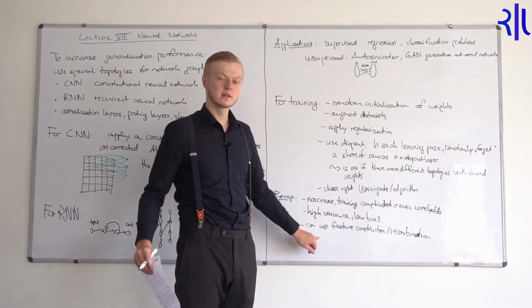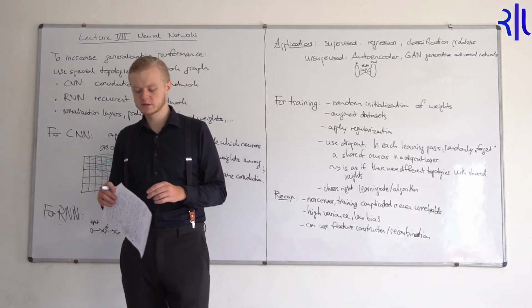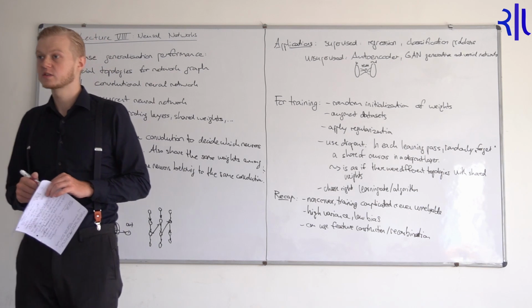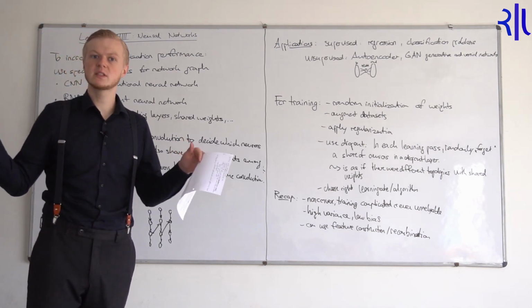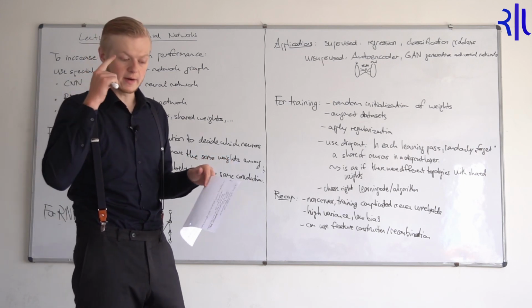And this last point is really what makes neural networks so successful, because it allows them to adjust to otherwise extremely complicated things.